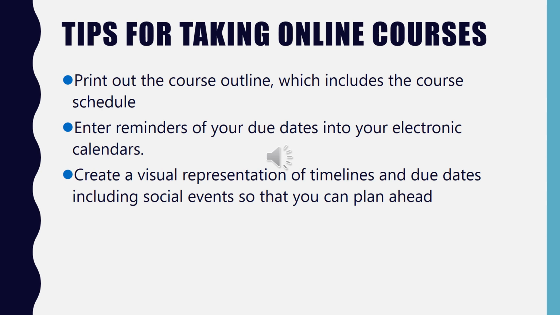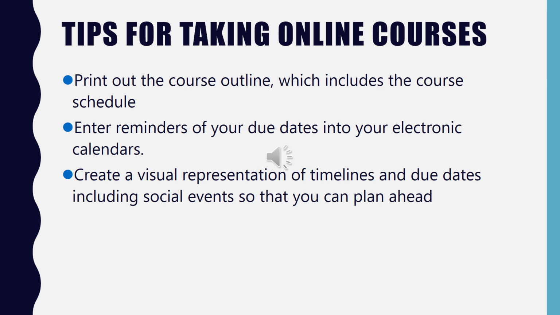Something that I do highly recommend is either printing out your course outline or saving it into your own personal files so that you have the course outline handy. And in the case of the Health Sciences 1010 outline, I've also included a course schedule, which gives you an idea of some important dates throughout the semester.